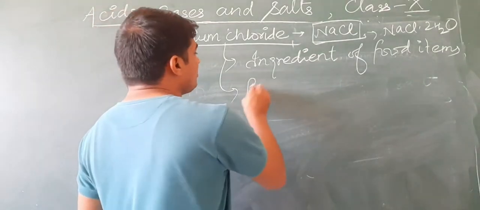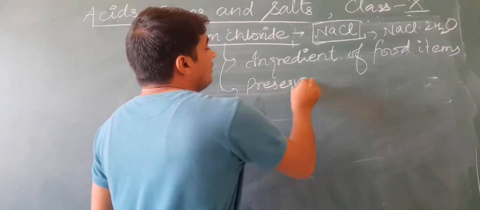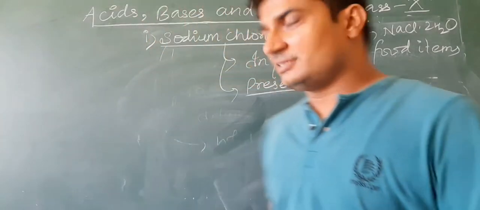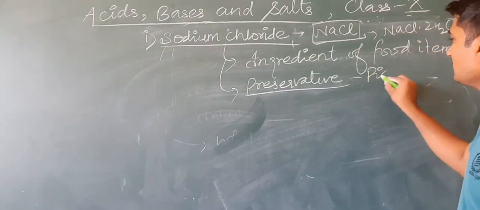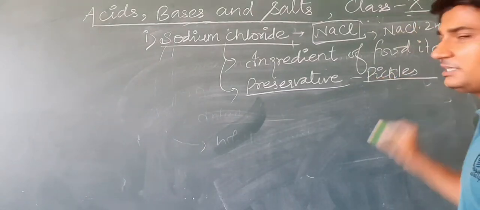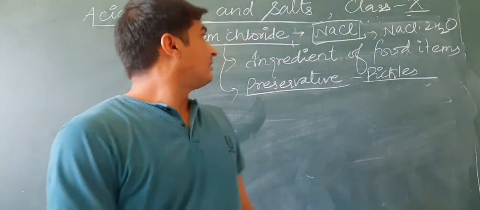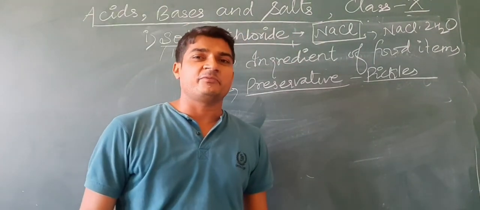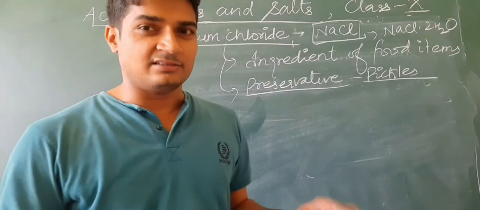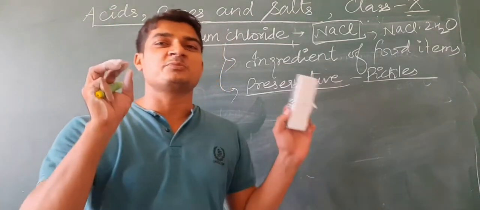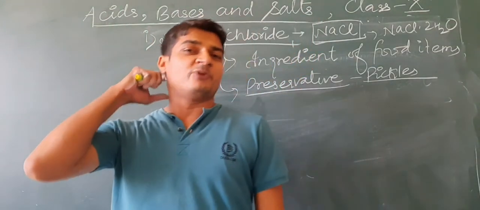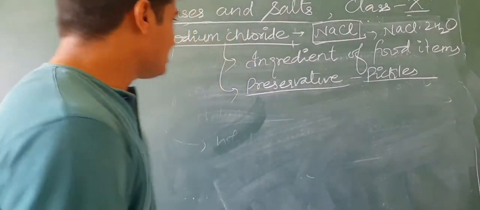Next is preservatives. In some food items such as pickles, fish, meat, etc., common salt is used as a preservative. When a larger amount of salt is mixed with the food item, the food does not spoil for a longer period.